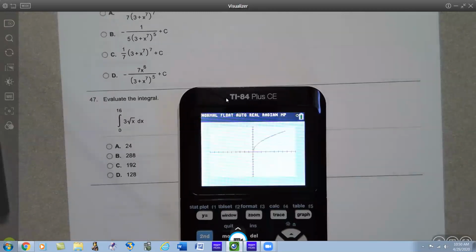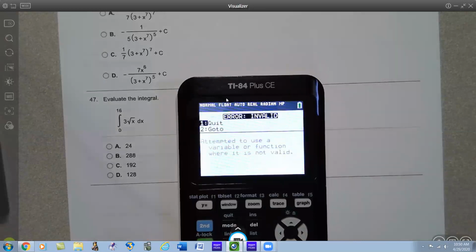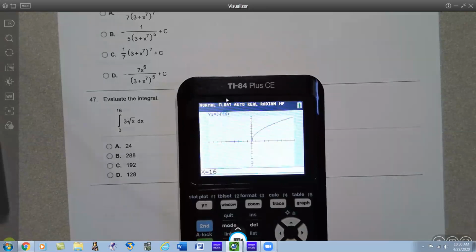Now, if I do my second trace for the calc menu number 7, and I go from 0 to 16, that's what I'm saying. If I go to my window and make that 20, let me graph.